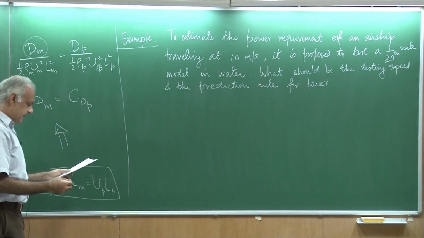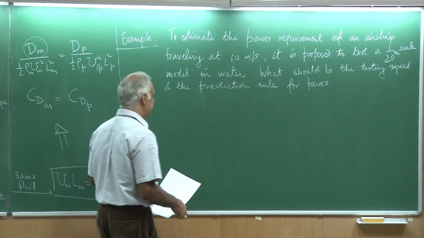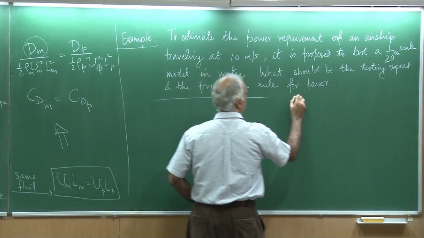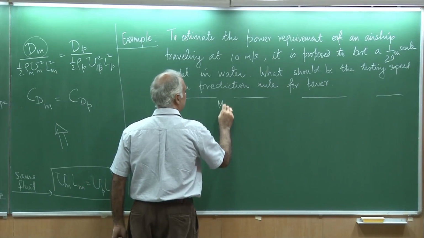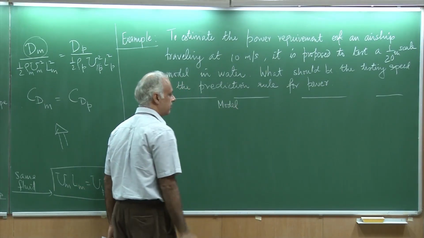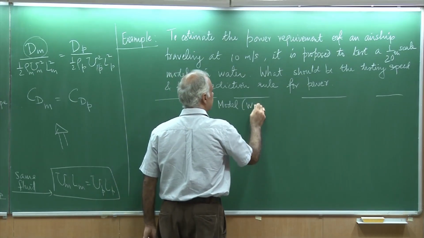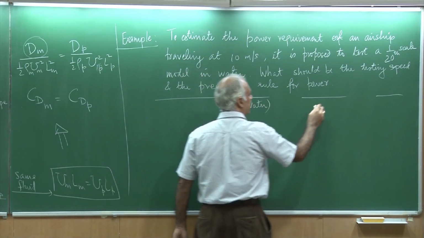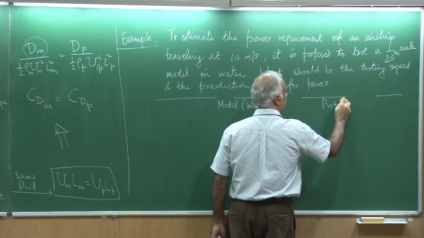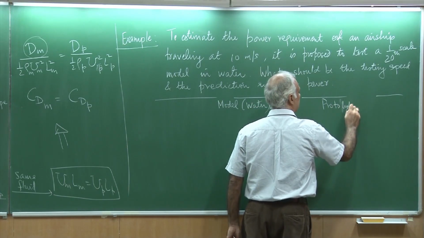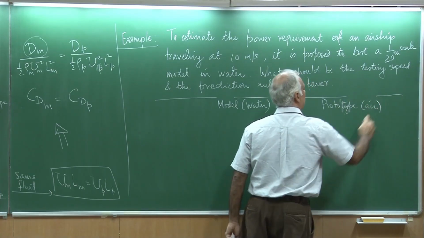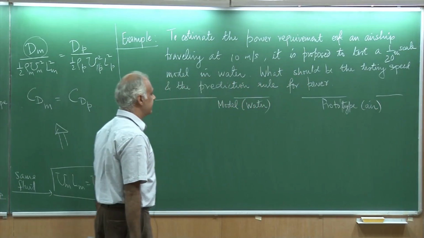All right. So what is being suggested is that there is a model which is going to operate in water, and there is a prototype which will operate in air.